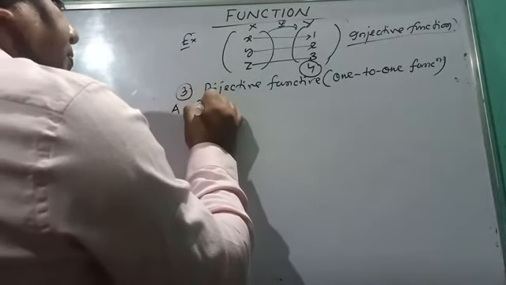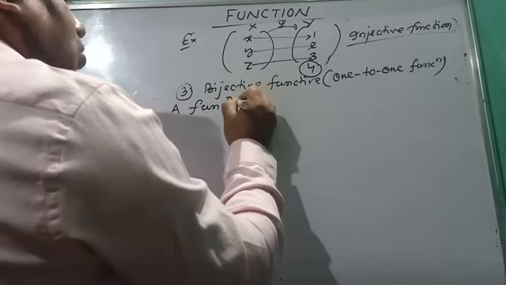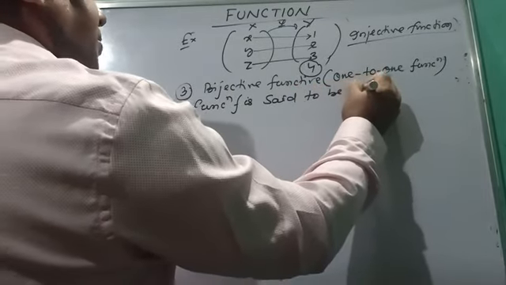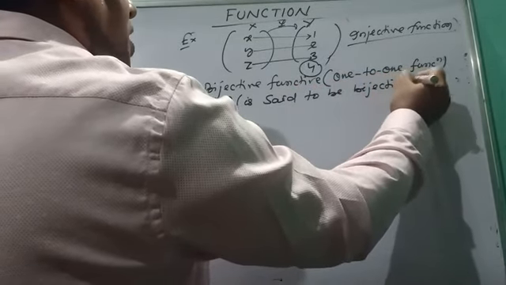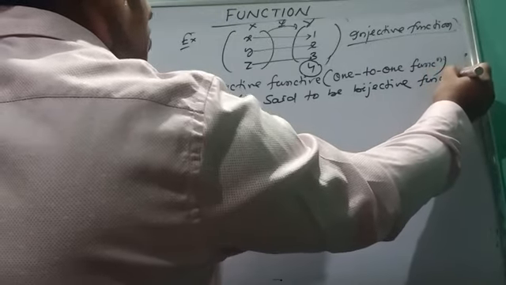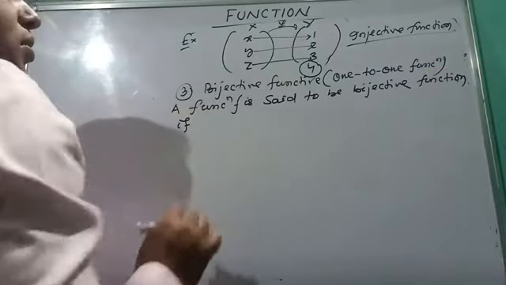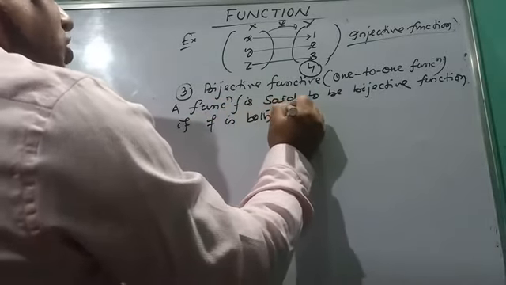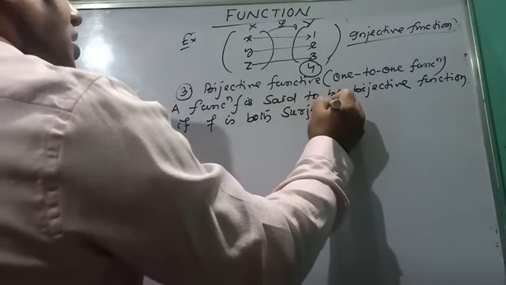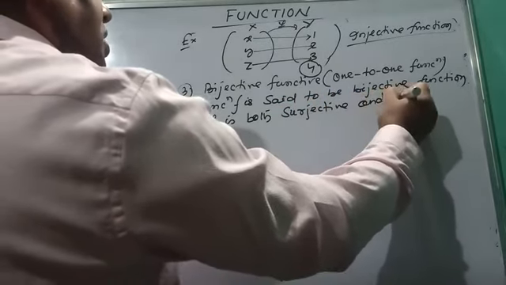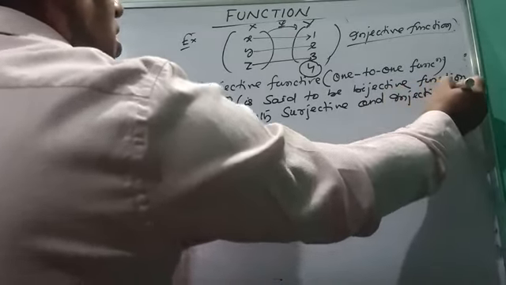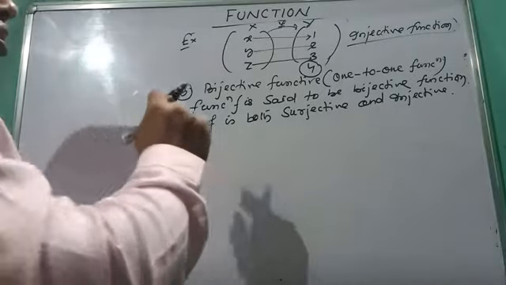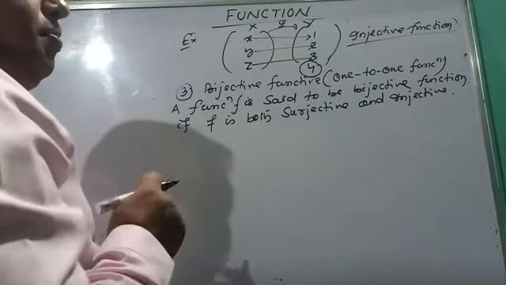A function f is said to be bijective if f is both surjective and injective. Then if a function f is both surjective and injective, it is known as a bijective function.